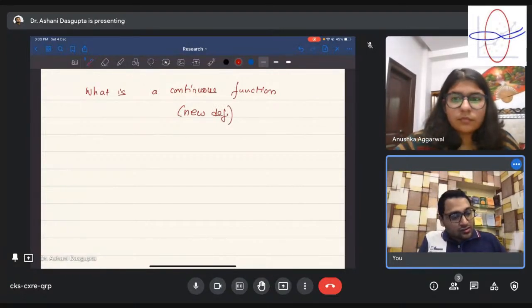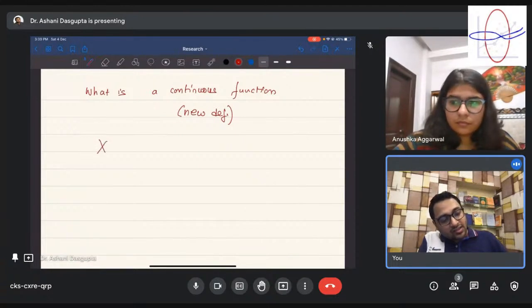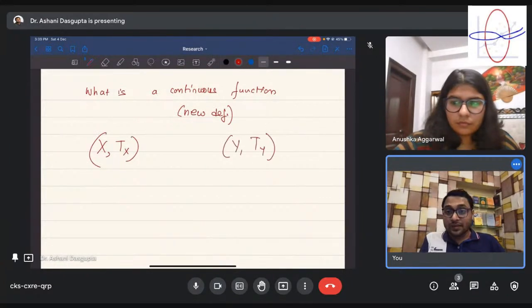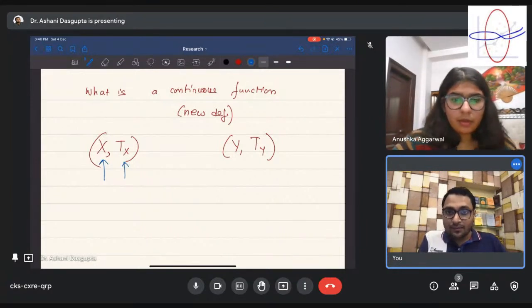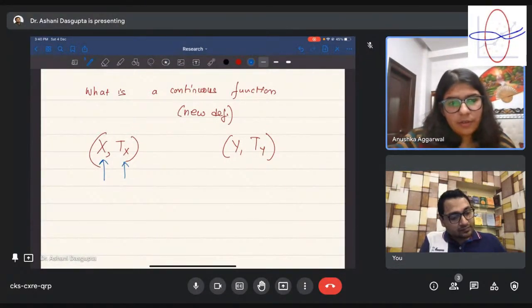Okay. So suppose we have a topological space (X, Tx) and (Y, Ty) is another topological space. What do I mean by (X, Tx)? Well, can you guess what X is and what Tx is? X will be sort of the domain.